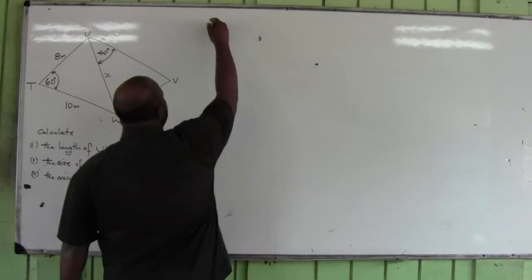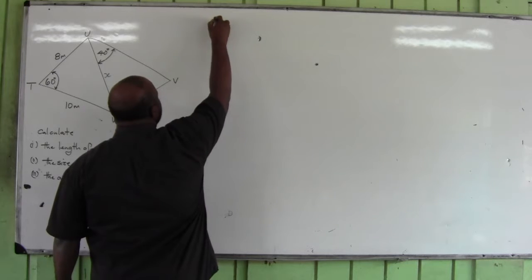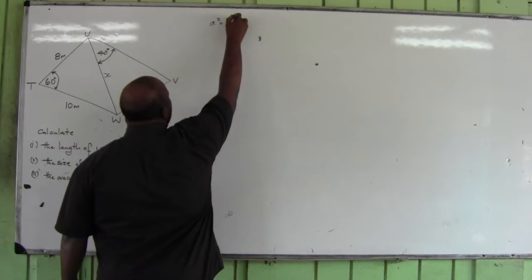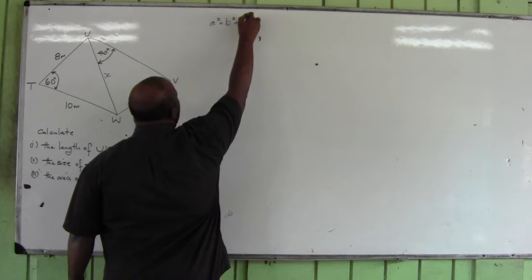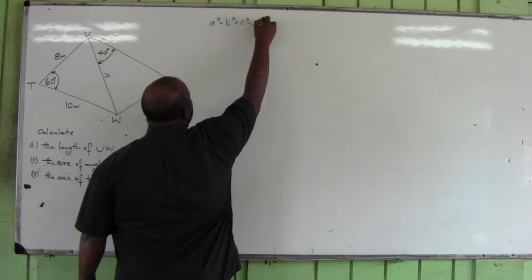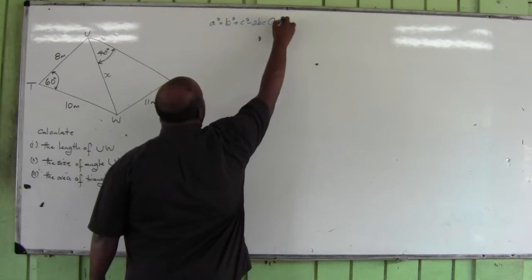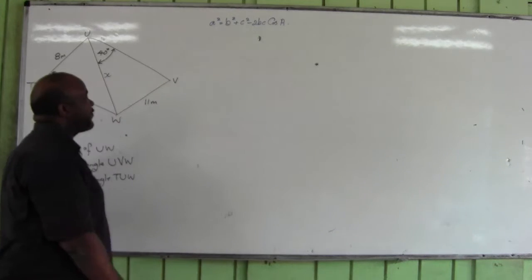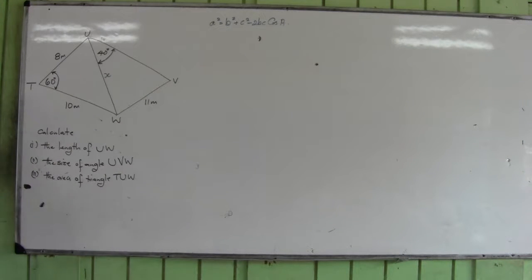Cosine rule says what? A squared is equal to b squared plus c squared minus 2bc cosine A. In this formula, A is the side, 60 degrees is the inclusive angle. B and C are the other two sides, 8 and 10.